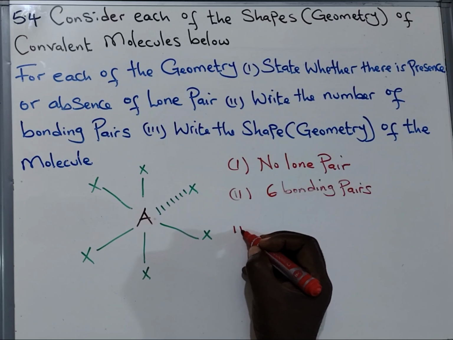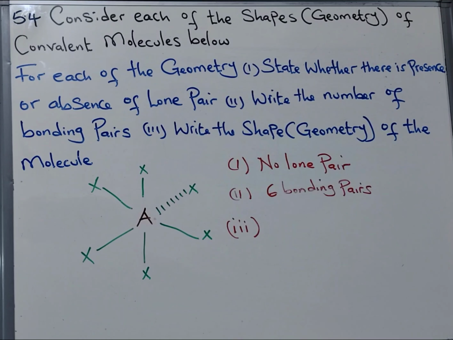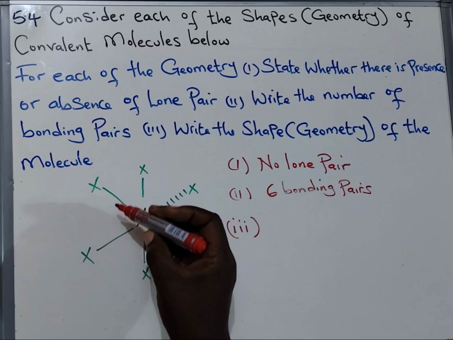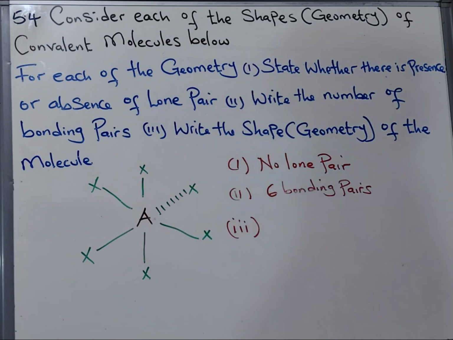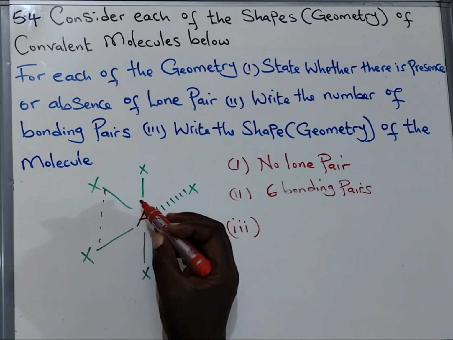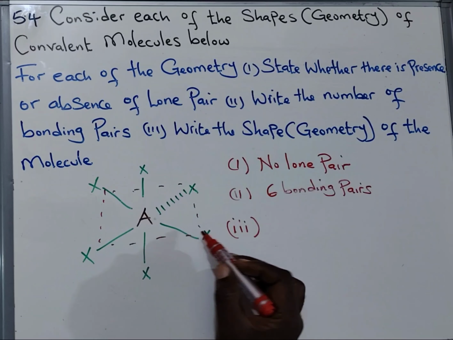Then we come to number 3. Write the shape or geometry of this molecule. So what is the shape? I want you to remember that what you have here combines like this. We have this one bonding like this to form some kind of square.